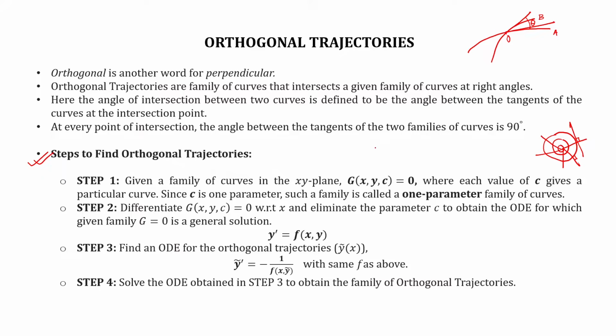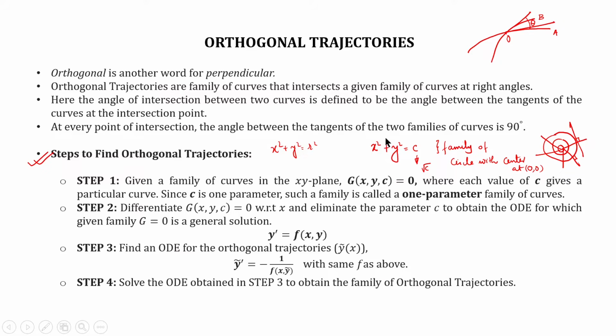For example, we can write x squared plus y squared equal to c as a family of circles with center at the origin. Now you can see that the square root of c is the radius of the circle, because we know that the general equation of a circle is x squared plus y squared equal to r squared. So here square root of c is the radius, and by changing the value of c we can obtain many circles with the center at the same point, the origin.